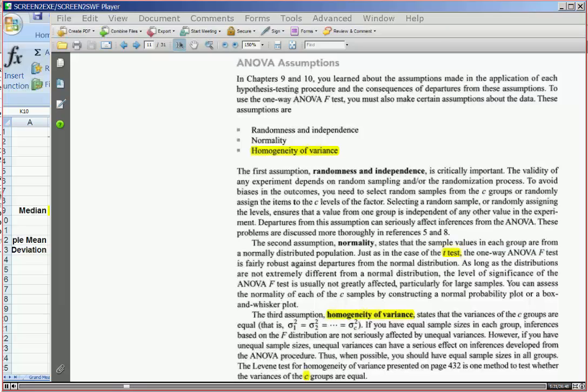Robust test means it detects the departures from normality. In other words, if your measurements are very weird, you'll fail the test. As long as the distributions are not extremely different from a normal distribution, the level of significance of the ANOVA F-test is usually not greatly affected, particularly for large samples.